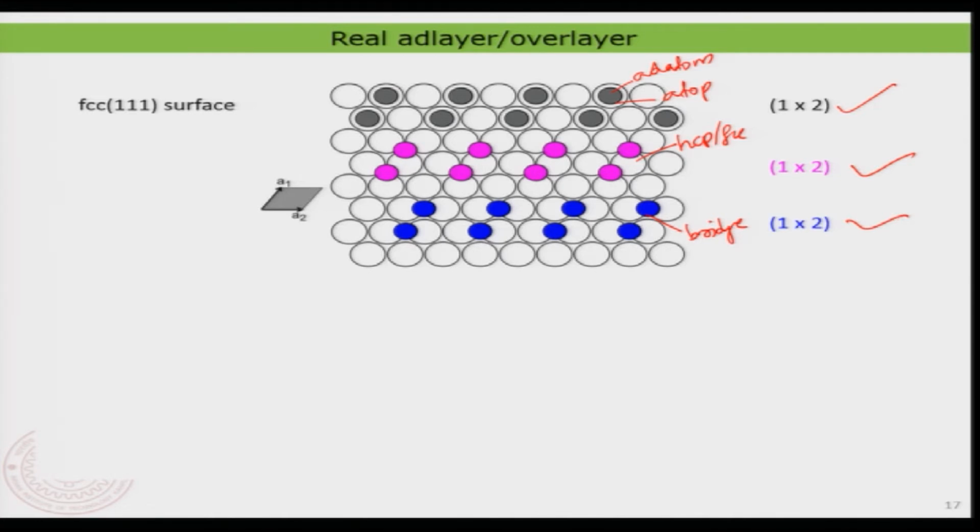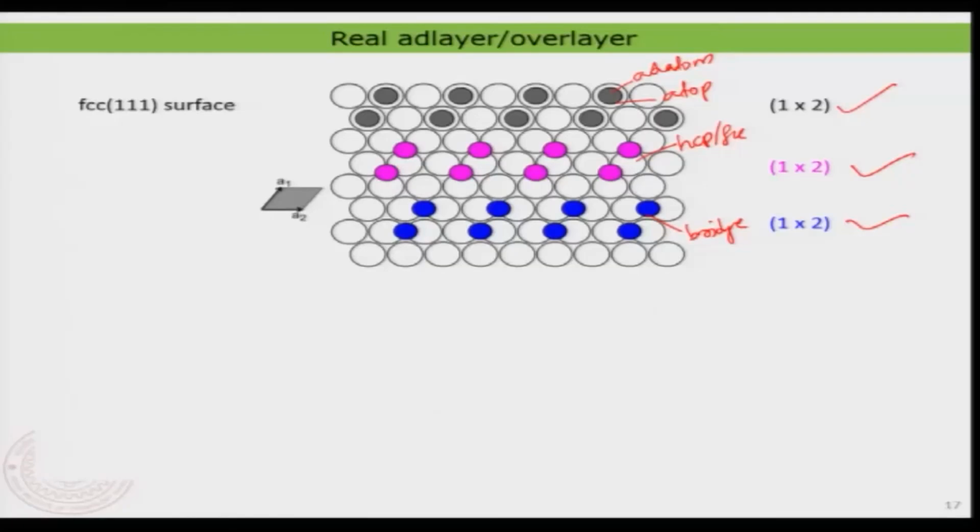But the point I want to make is that, depending on the atom or the reactivity or whatever factor you would find, the atoms can occupy this variety of positions, and it is also not necessary that every atom would occupy the same site, it may occupy a variety of sites. You will see that in other examples.